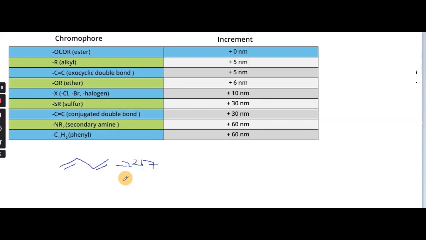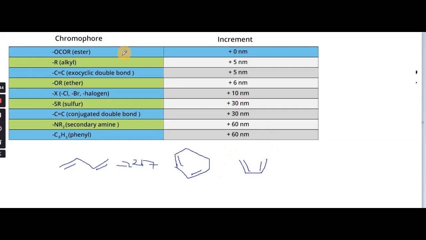This is the base value of absorption of a diene. When you have it in a ring form, that is a cissoid form, it absorbs at 253. These are the base values. Even in an acyclic cissoid form, it absorbs at the same 253. These 253 are the base value of absorption.